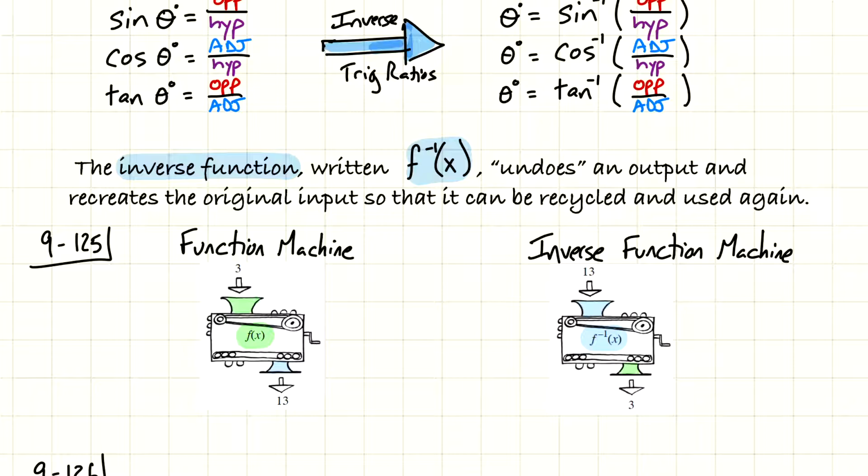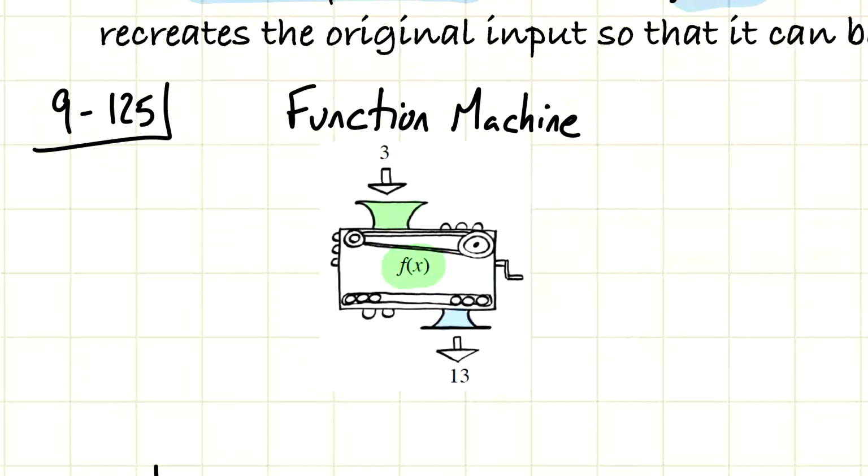In this case, this function machine that I have here, if we give it a number 3, it's going to do some calculations, a number of steps, and eventually it's going to output a 13. So that's how a function machine works. We have an input, in this case the input is 3, and our output is 13.